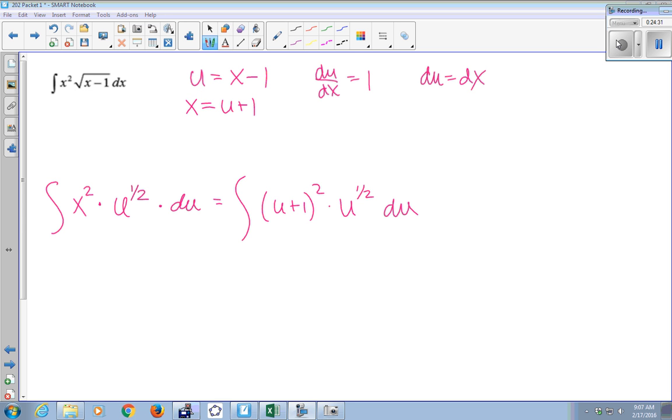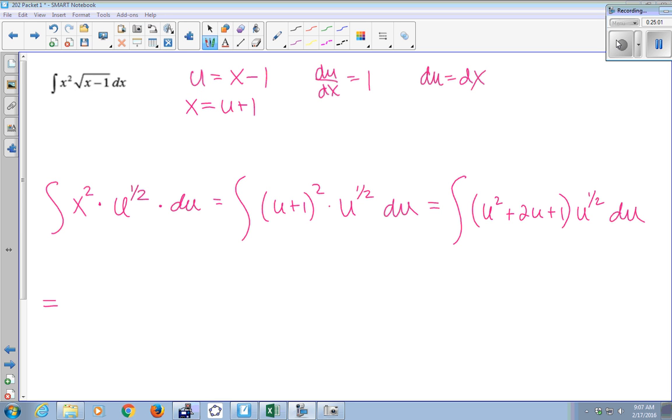Then I can simplify that integrand by squaring out the u plus 1, distributing the u to the 1/2, and it'll just become a simple power rule antiderivative. So this becomes u plus 1 squared, which is u squared plus 2u plus 1. Got it?